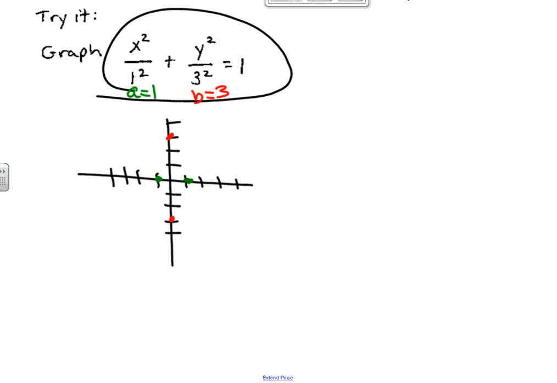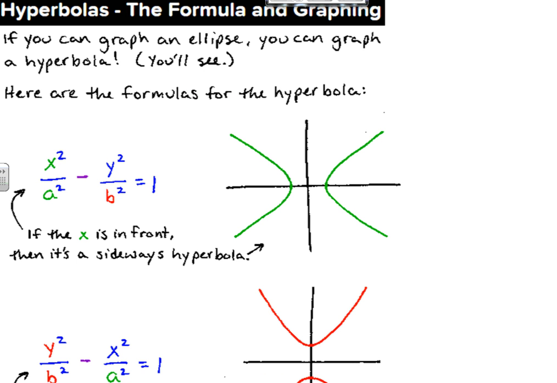And then we just put our oval-y shape in there, and we're good to go. So that's an ellipse, and that's as difficult of an ellipse as you have to know about. Does that make sense?